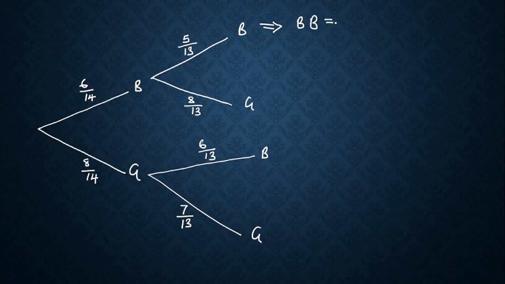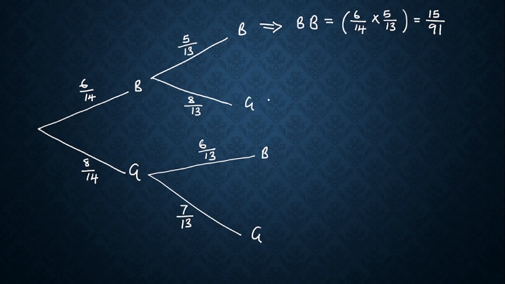That basically means the probability of picking a boy, which is 6 over 14 multiplied by 5 over 13. So 6 over 14 multiplied by 5 over 13. That means our probability will be 15 over 91.